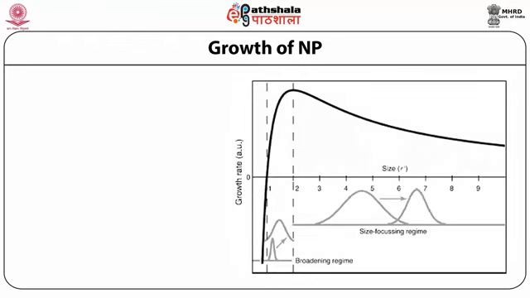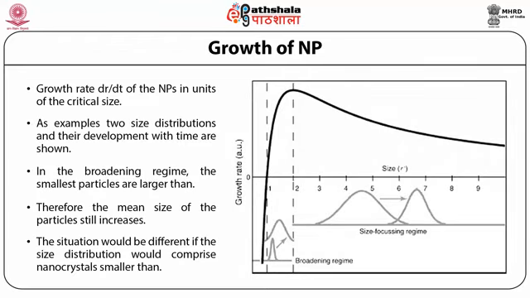The general dependence of the growth rate on the radius of the crystal is illustrated in this figure. It is interesting to note the presence of a maximum at a radius of 2r star.